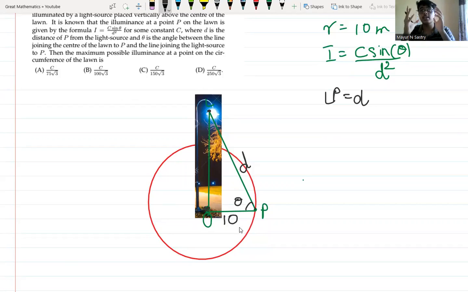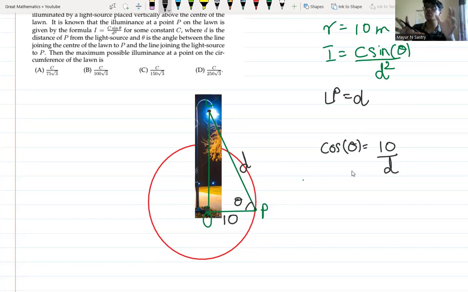And once you see a right angle triangle as well as some sides and angles, the first thing you can see is trigonometry. So let's do that. So by applying trigonometry in triangle LOP, you get that cos of theta equals adjacent, which is OP, 10, divided by the hypotenuse LP, which is d.